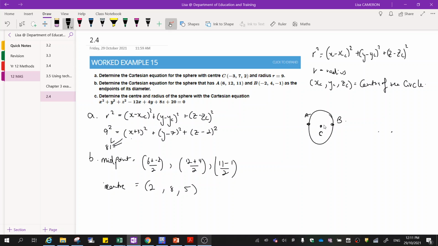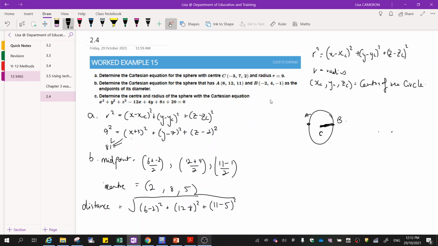So we can use this information to find the distance between the 2 points like you did in worked example 13. So distance is going to be equal to the square root of, so it'll be this one minus that one squared. So 6 minus 2 squared plus 12 minus 8 squared plus 11 minus 5 squared.